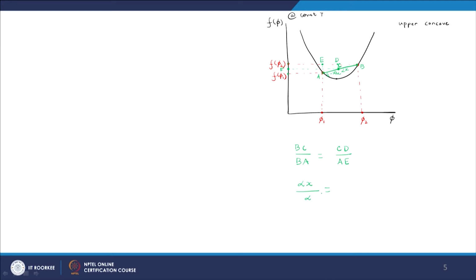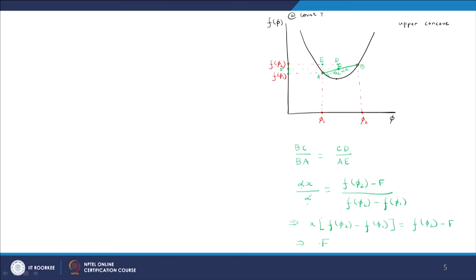CD is simply f of phi 2 minus f, and AE is simply f of phi 2 minus f of phi 1. So, of course, alpha cancels out, and then we get x multiplied by f of phi 2 minus f of phi 1 is equal to f of phi 2 minus f.